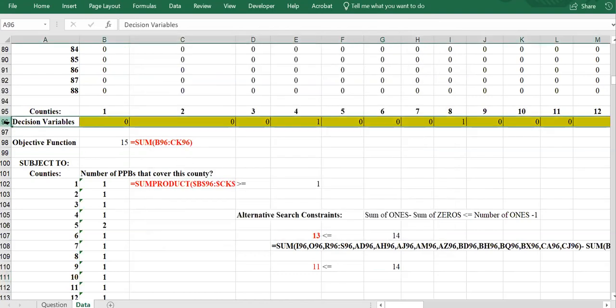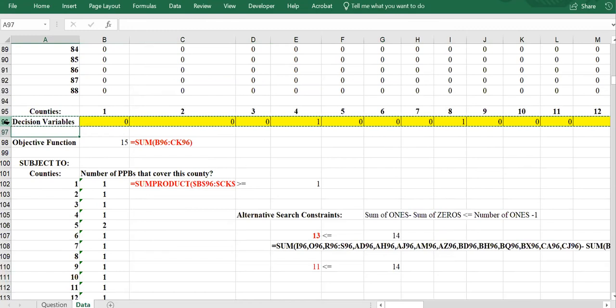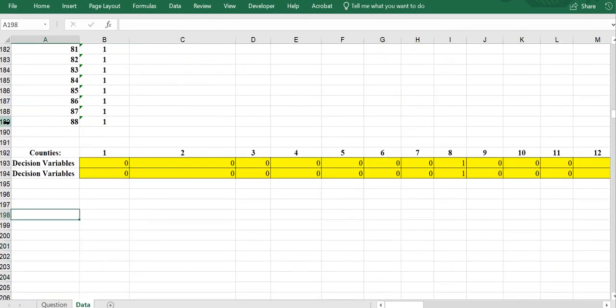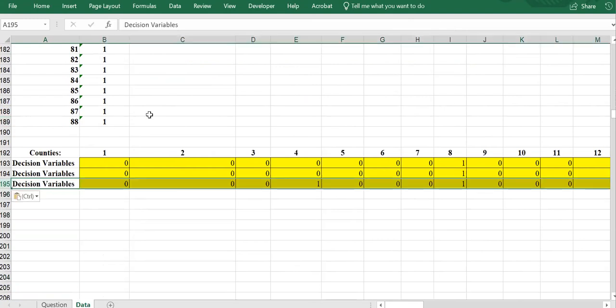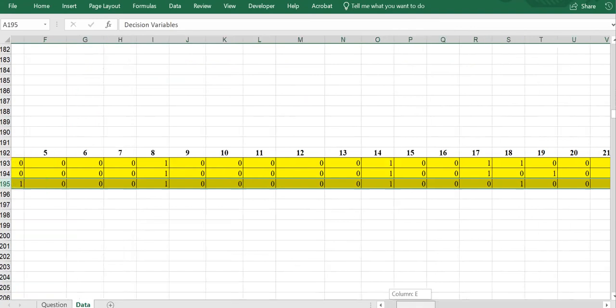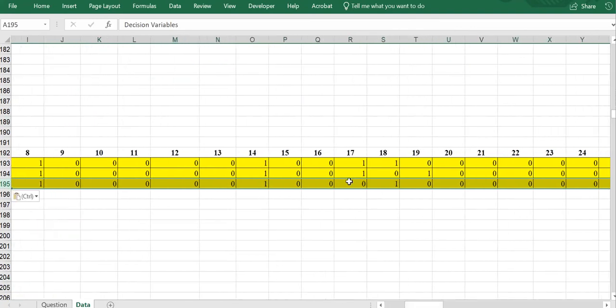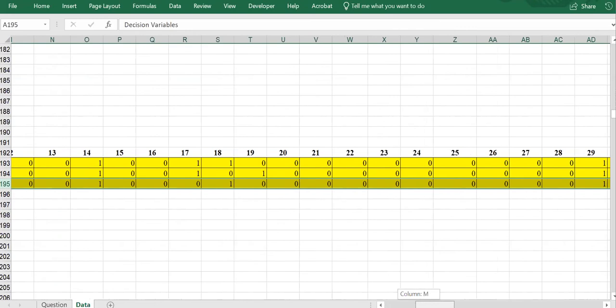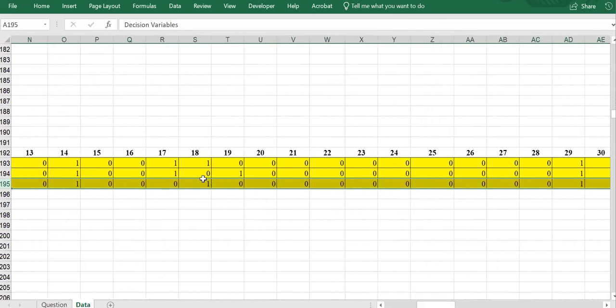So that's actually the second alternative, or the third optimal solution, and see what changed. So we have 4 here, 4 is added, and 18 is now there. 18 is there, but 19 is not.